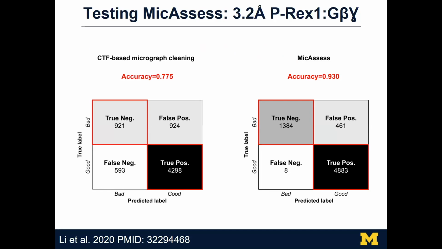The threshold is purely arbitrary, while MicAssess is basically parameter-free. The only subjective parameter is the determination threshold, and it treats tilted and untilted data equally. Also, MicAssess is a lot faster than running CTF.